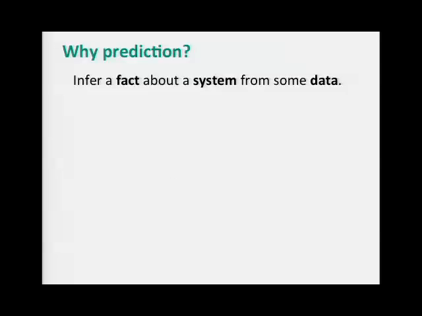In fact, why do we talk about prediction? Because we want to infer, or we want to conclude something about a system, which in our case will be the epileptic brain, from some observations that we have, from some data. So we will start with a question.